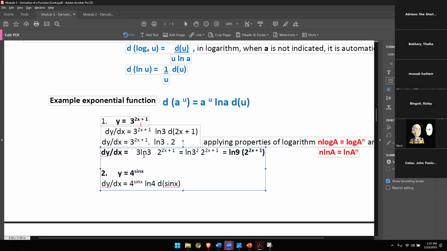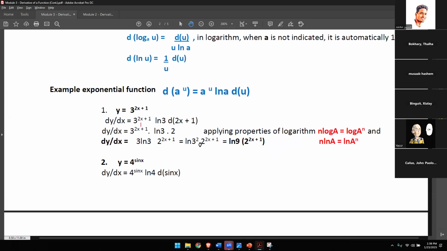Wait, let me just check. It's equal now to ln 3 squared. Well, anyway, we'll see later on if 3 is really incorrect, but I think 3 here is the correct one. Maybe it's just a typo.